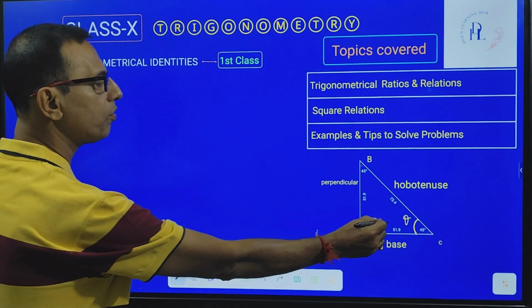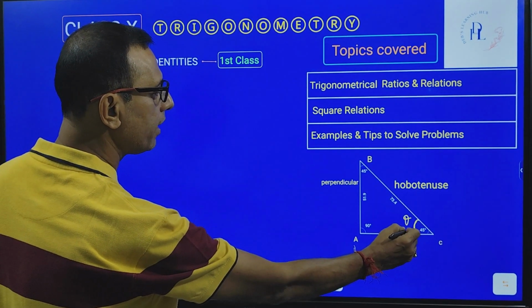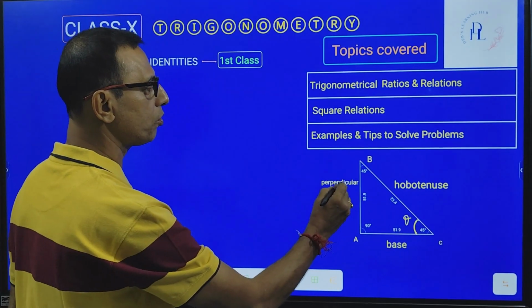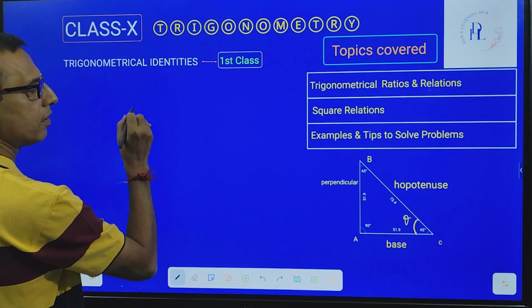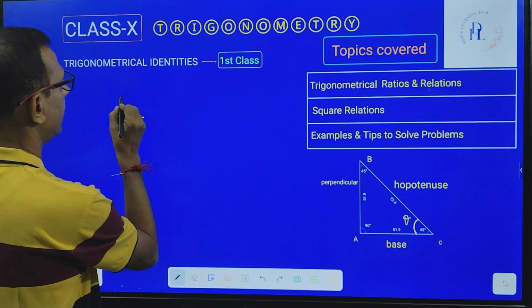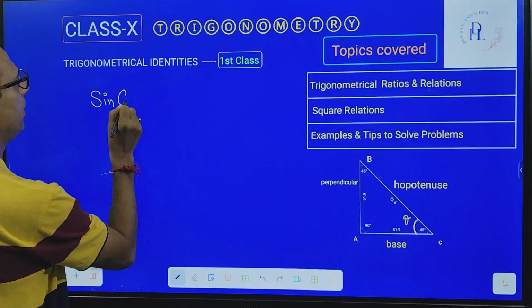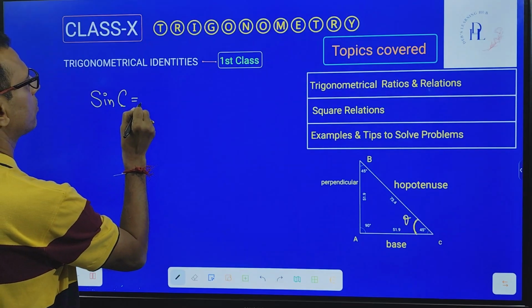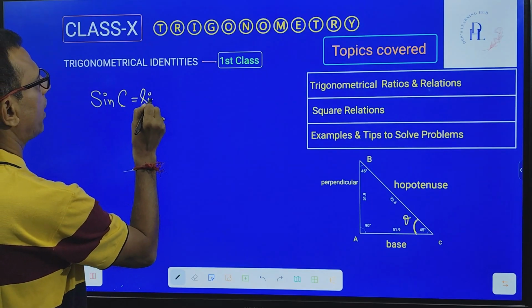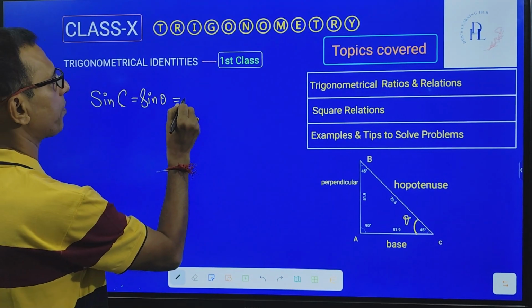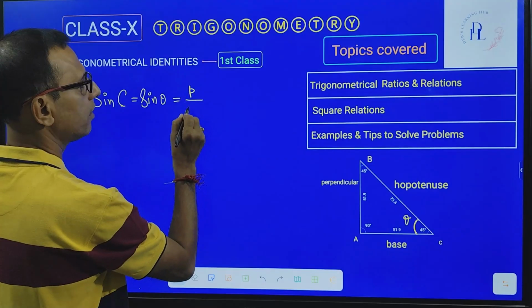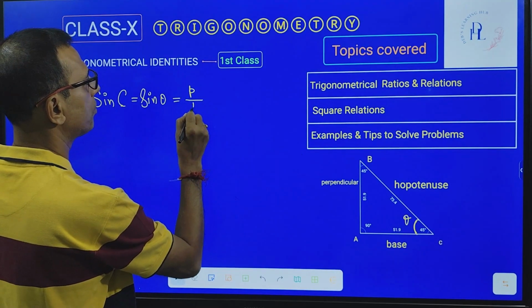So now from this triangle, what you can say is sin theta equals perpendicular by hypotenuse. So this angle C, sin C equals sin theta equals perpendicular, P for perpendicular, and hypotenuse, I can say H, right?